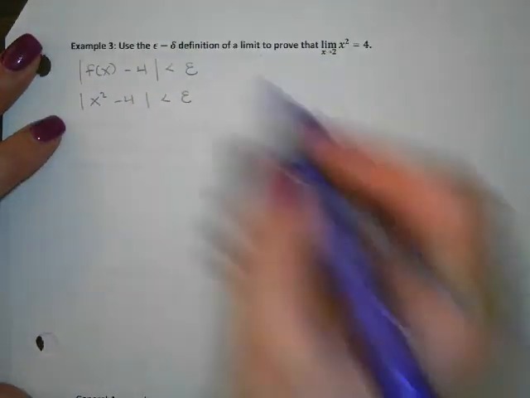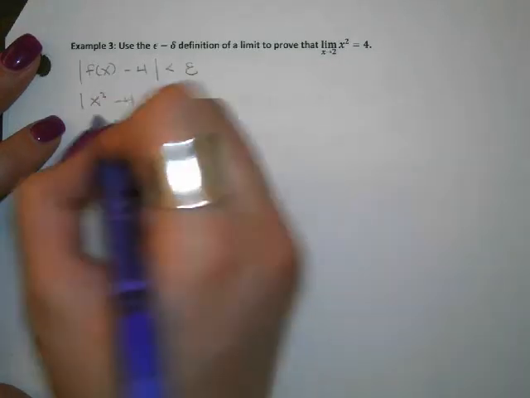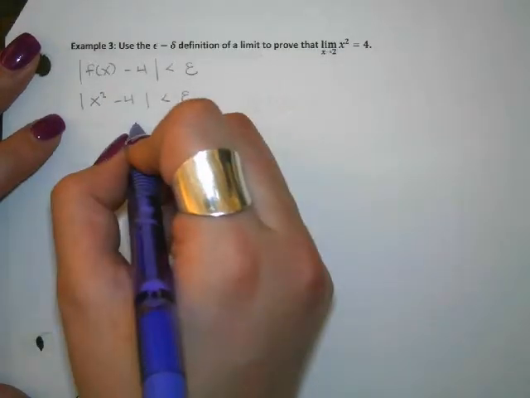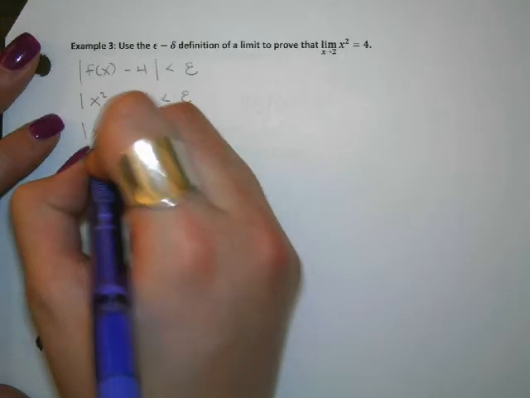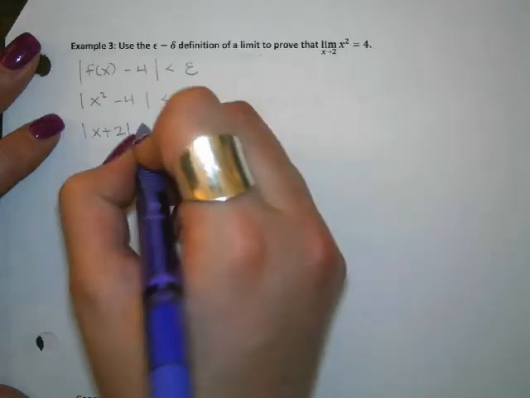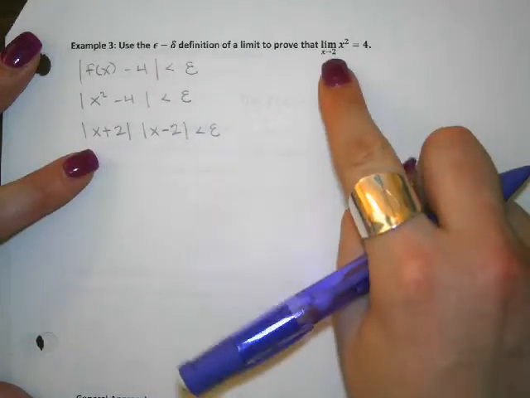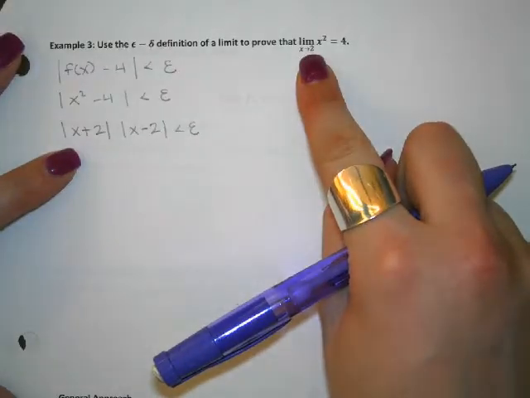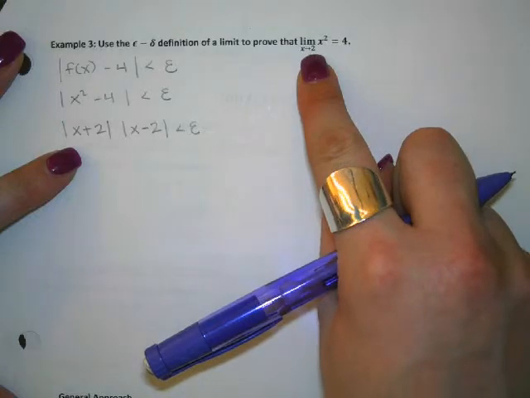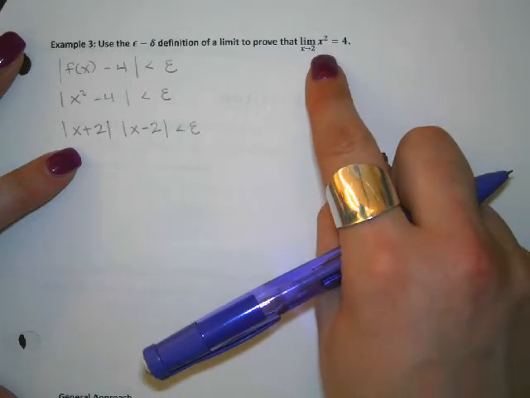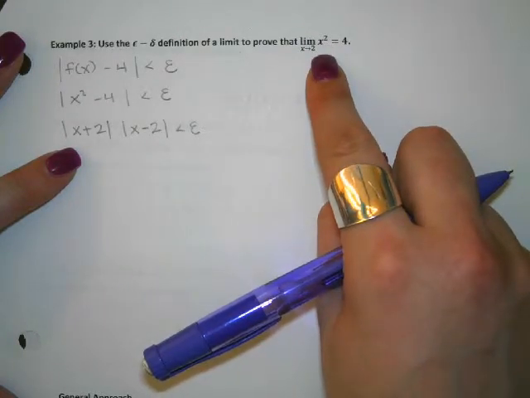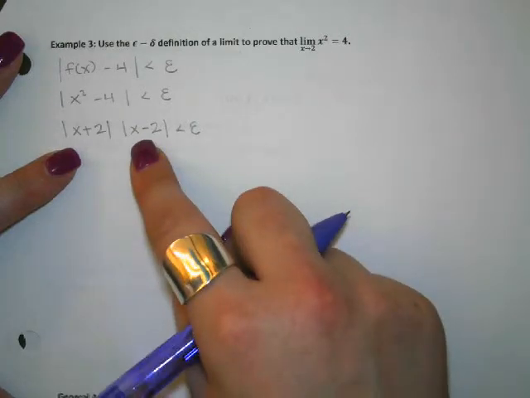And then I heard somebody say it. We're going to factor this. How does that factor? x plus 2, x minus 2 is less than epsilon. And which one of these are we trying to get at? The x minus 2, because our c value is 2, and we want to have x minus c. So x minus 2 is the one we're really getting at.